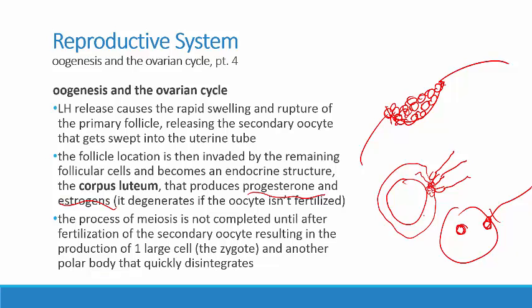Right at this point, or a little bit after, this cell will divide again, and it kicks out a polar body, one of those small, no cytoplasm cells, and the two nuclei will merge into a single nucleus, and that is when we have fertilization and a proper diploid zygote formed.